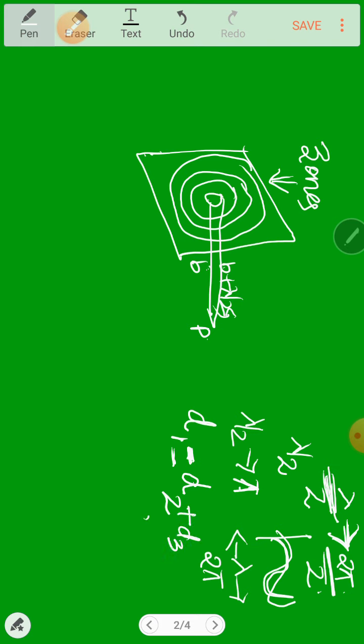The fourth one will be out of phase with respect to the third, minus D4. The fifth is plus D5, minus D6, etc. That is the amplitude from each zone.